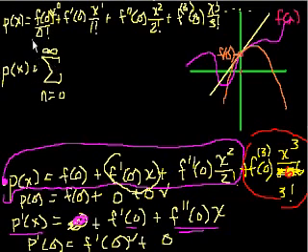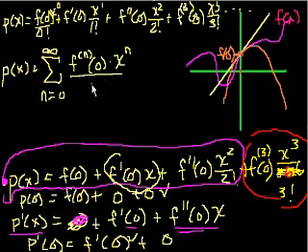And what is each term? Well, it's going to be the nth derivative of f, evaluated at 0, times x to the n over n factorial.